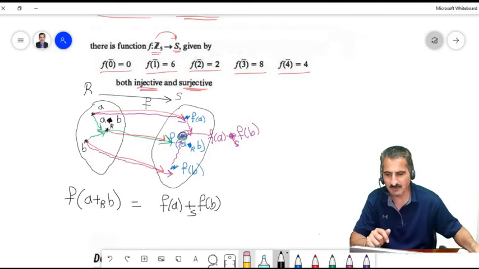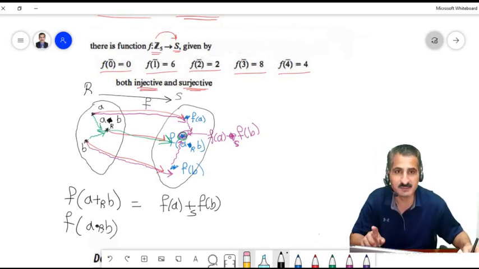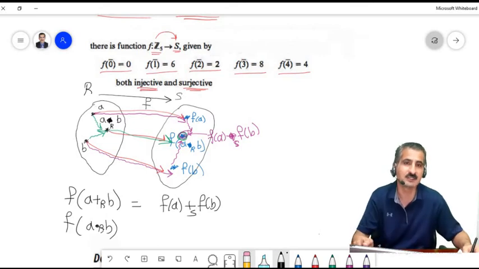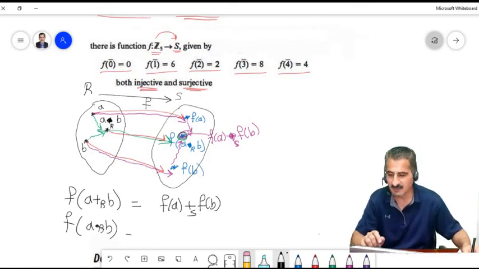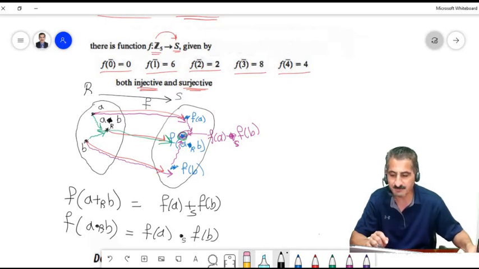So I will write here another rule. If I multiply two elements inside the ring of the domain and then take the image of the result, it will be the same if I take the images first and then do the multiplication in the ring which is in the range, or the codomain.